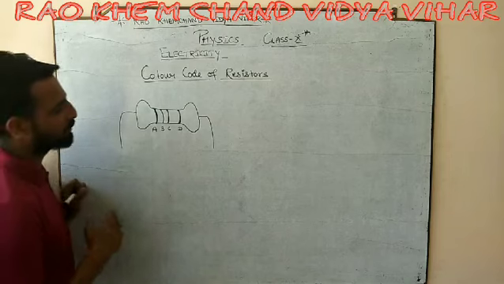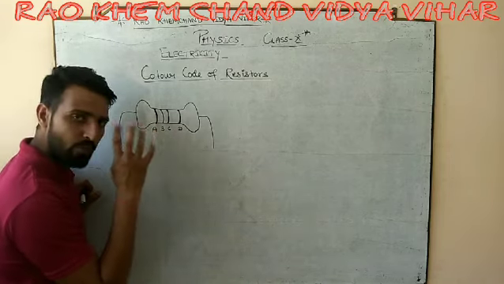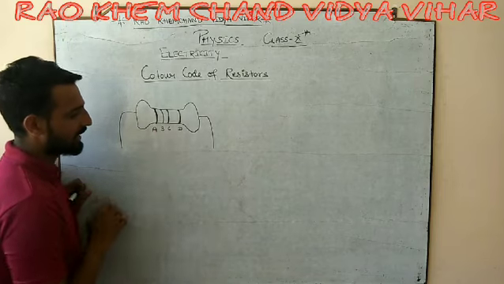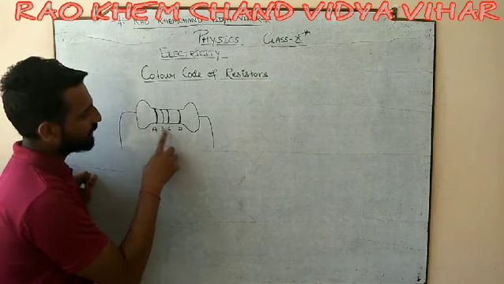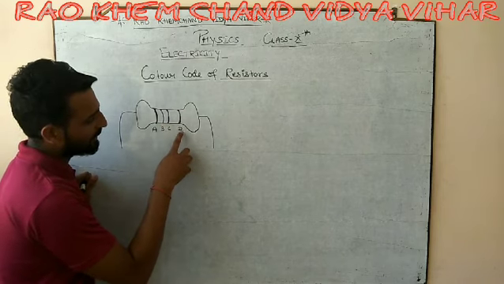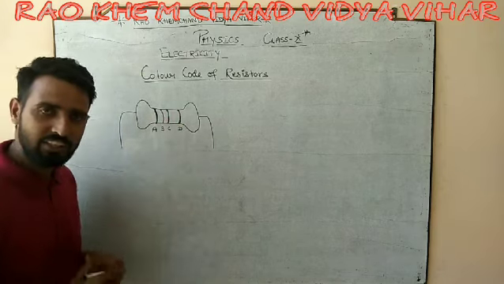So how can we know which end is A and which end is D? If you look very carefully, these 3 strips A, B, C are very close to each other, but the last strip is a little bit away from the rest of the 3 stripes.